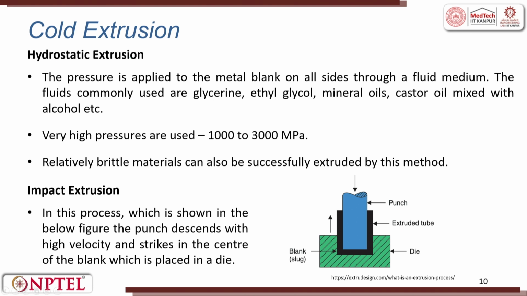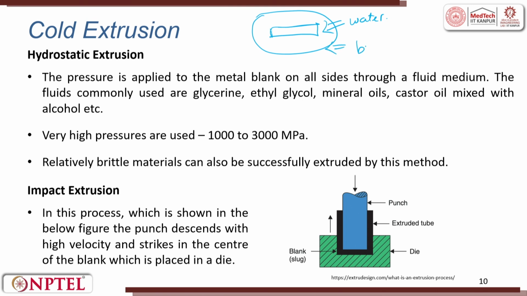Hydrostatic extrusion. In hydrostatic extrusion, pressure is applied to the metal blank on all sides through a fluid film. Assume that you have a balloon, and you are keeping an object inside the balloon. The balloon is filled with water.